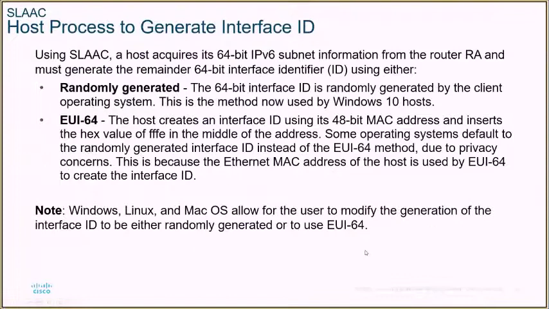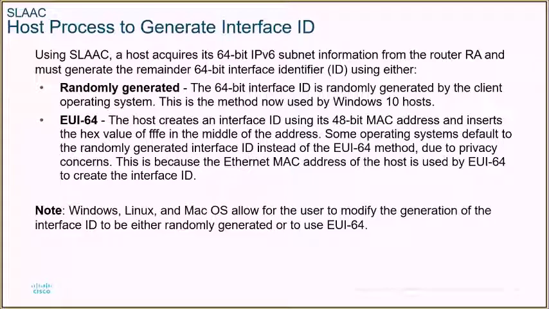All right, so using SLAAC, a host acquires its 64-bit subnet information from the router and must generate the remainder of the 64-bit interface identifier, or the host section. Now, there are two major methods. One is a randomly generated number, and Windows 10 uses that method.